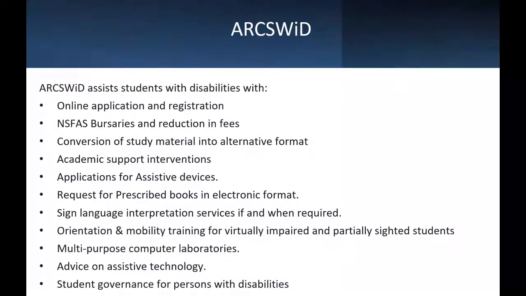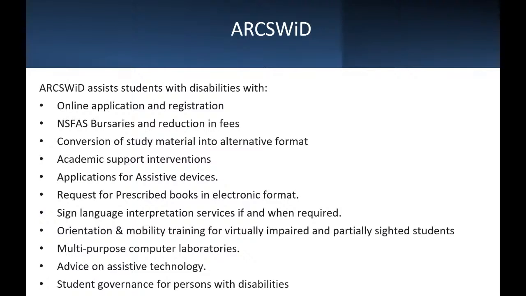We assist students with online application and registration. And when you register or you apply, please make sure that you declare your disability and attach a proof of disability. We assist students with NSFAS bursaries and a discount in fees. We assist students with converting the study material into a format that is suitable for a student's needs and that accommodates a student's disability.